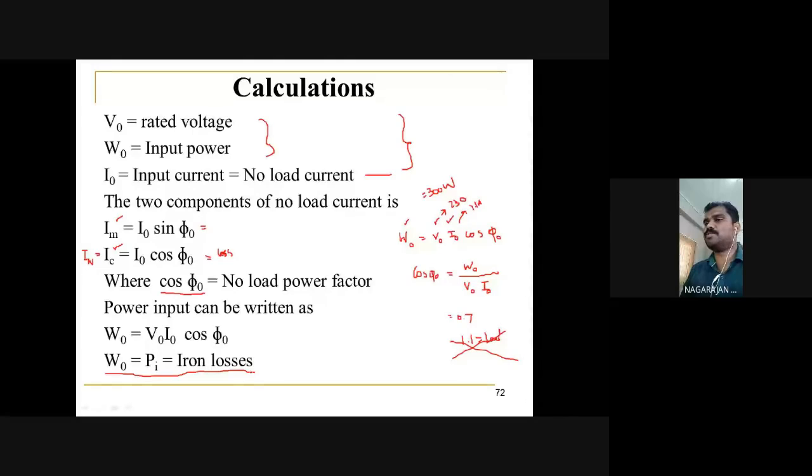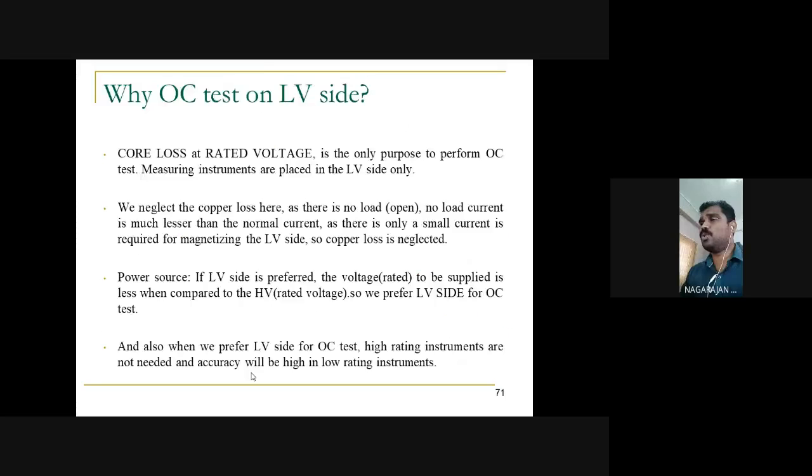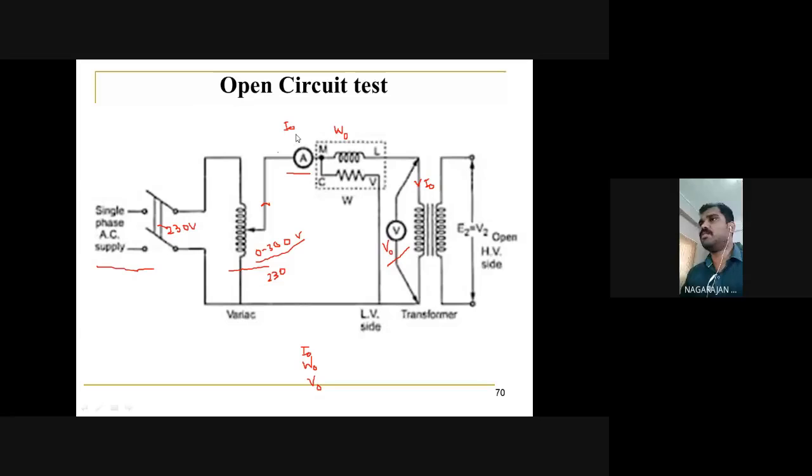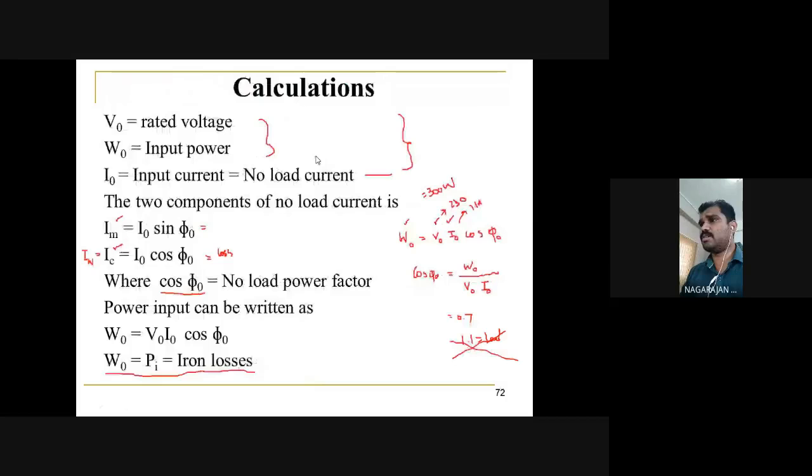The reason for assuming all the power measured by this wattmeter as iron loss is that the current at no load test will be very minimum. Okay, so what is the formula for copper loss? I square R. We know that. For example, if the current is 0.5 amperes, what will be the square value of this? 0.25.